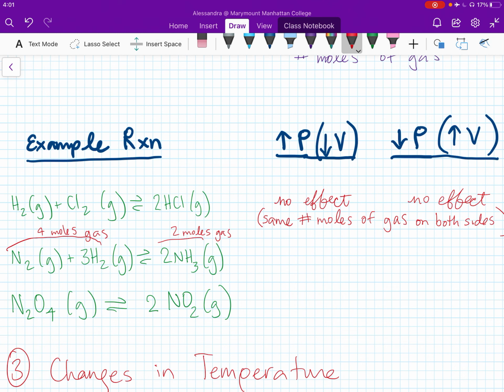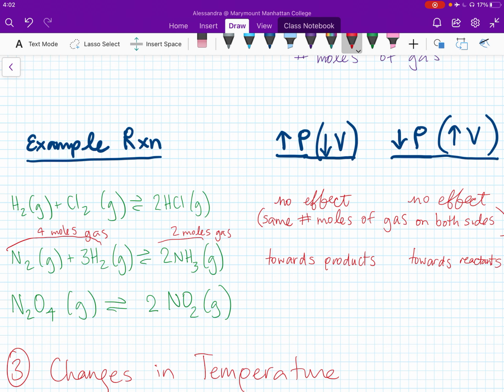So that means if we increase the pressure and reduce the volume, we're going to shift to the side with fewer moles of gas. And in this case, that's going to be to the right, towards the products. Conversely, if we decrease the pressure, we increase the volume and we shift to the side with more moles of gas. In this case, that would be towards the reactants.